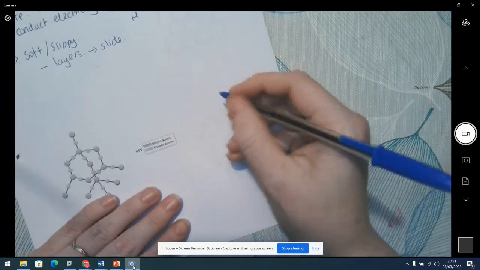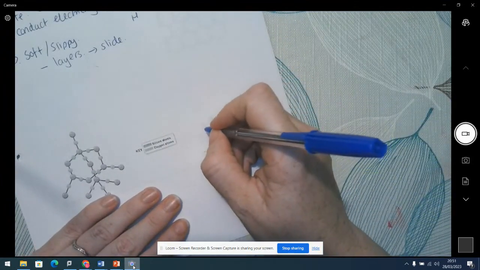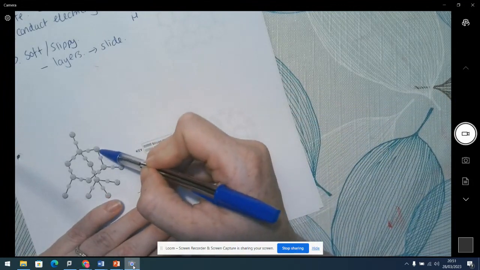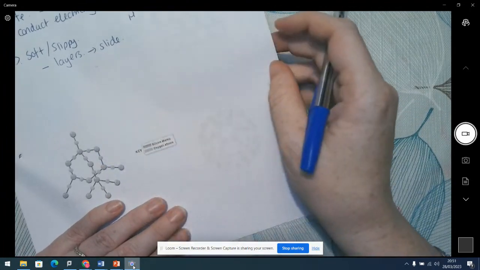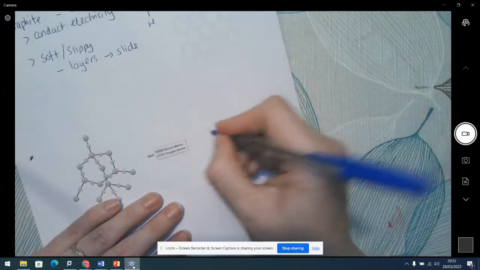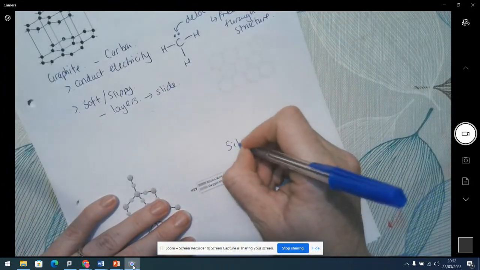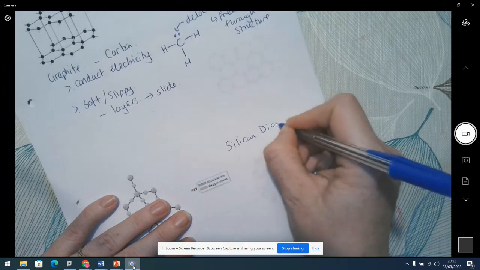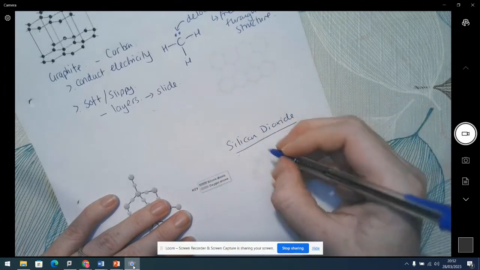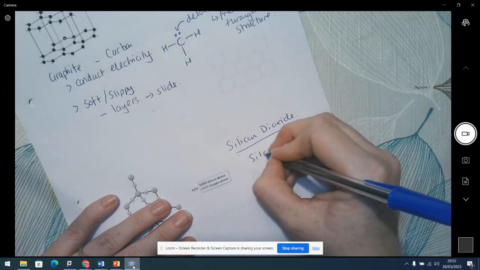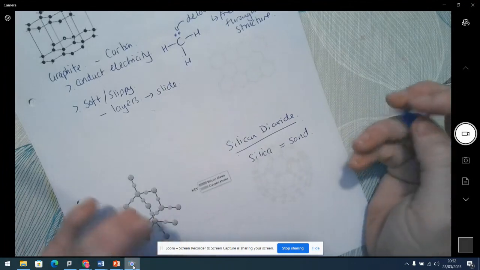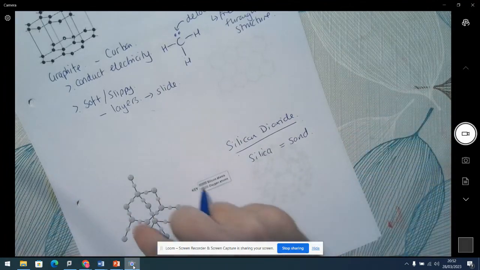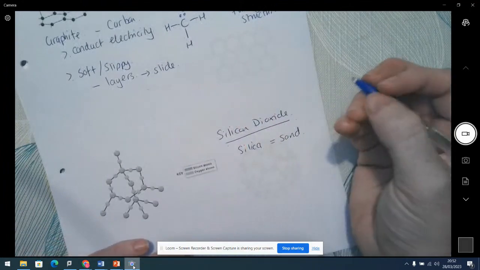Okay. What other structure do you need to know? So here is silicon dioxide. Okay. So di means 2. So you can see from my diagram, I've got a silicon atom attached to 2 oxygen atoms there. And again, this is a giant structure. Silicon dioxide is also known as silica. All you Minecraft fans will know that silica is in fact sand. And 1 grain of sand is 1 giant structure like this, which is kind of cool when you think about it.